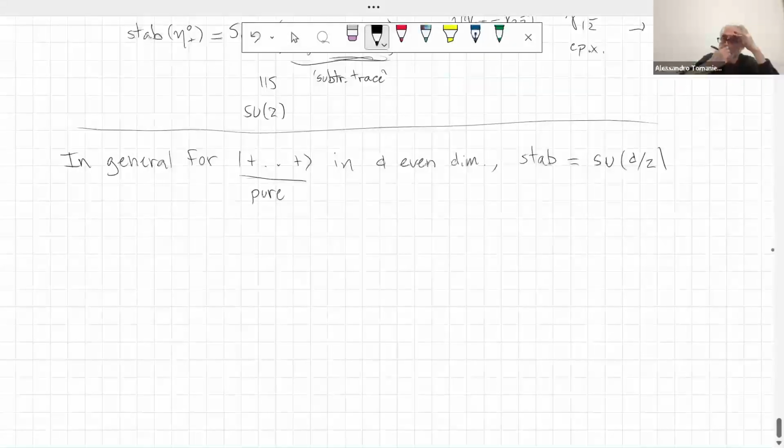We can do better if we introduce some extra tensors.